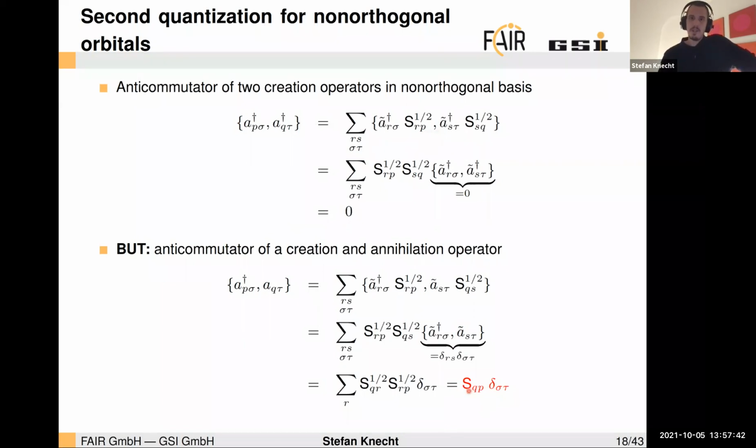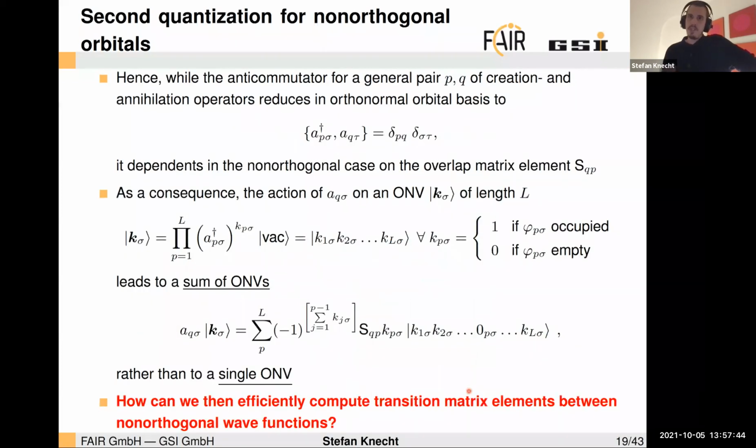And that was where the problem of dealing with non-orthogonal orbitals actually comes into play. So in a general case for an orthonormal MO basis, this anti-commutator vanishes, or at least gives this Dirac delta. But in the non-orthogonal case, it depends on this overlap matrix element, S here.